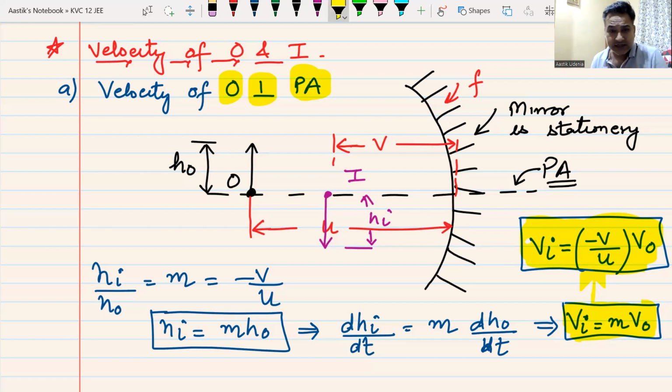You don't have to understand how it is derived. Why am I doing this? Because there may be a question where you might be required to find dH or dV, or the rate of change of height of the image. Then you can use the same thing, whether they ask you the rate of change of height of the image or they ask you the velocity of the image. They are referring to the same thing. Do we understand this? Yes or no?